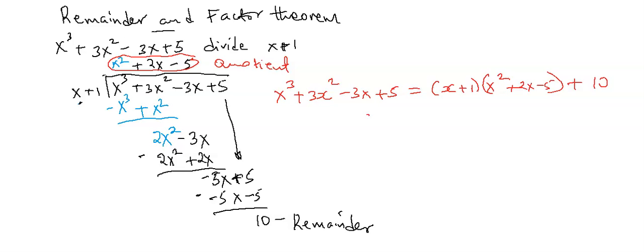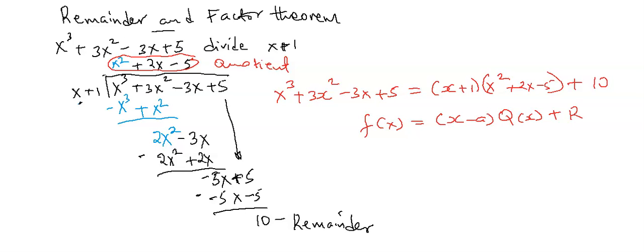So this can also be written as f of x is equal to x, let's say, minus a, times the quotient q of x plus r, the remainder.